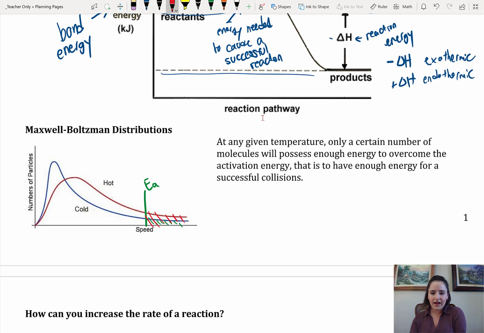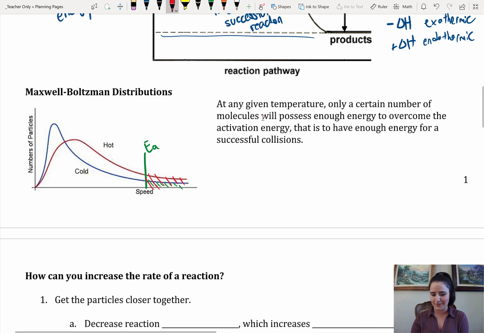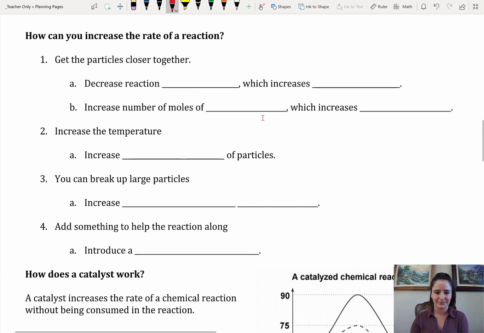So, how do we increase the rate of a chemical reaction? Couple different ways, okay? The first easiest way is we need to get those particles closer together. And there's two ways to do that. We could decrease the reaction volume. In chemistry, most of our reactions occur in solution.